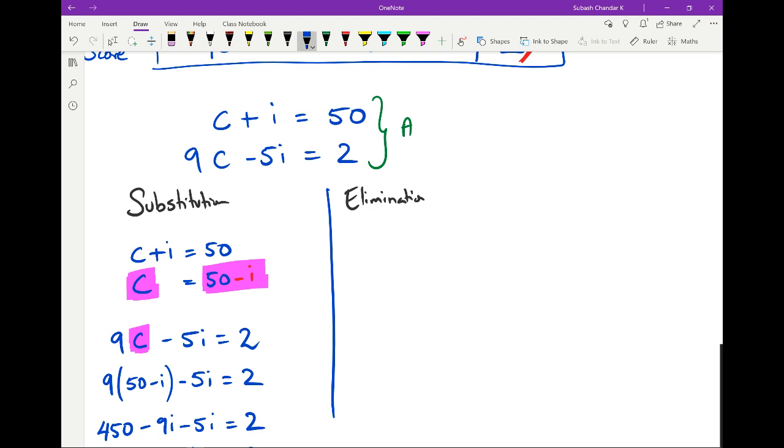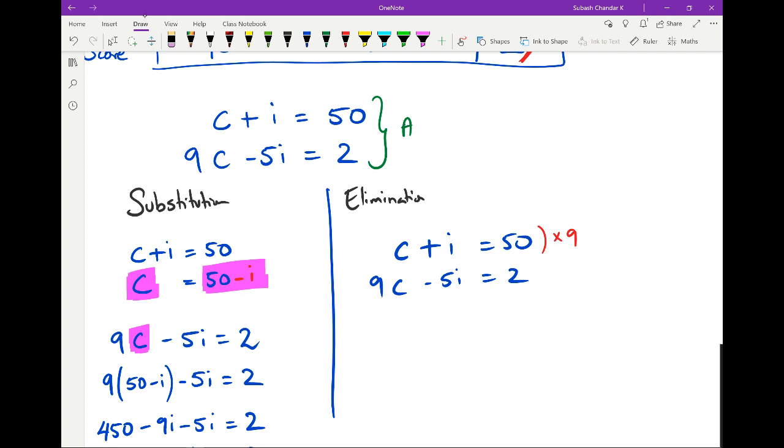But I think even in that one, you're still going to end up with the same problem of 14, because I'll show you what I mean. So see how you've got C plus I equals 50, and then you've got 9C minus 5I equals 2. Now, what you could do is take this top equation and multiply it by 9, and then you can eliminate C. But the problem is we're going to end up with that same big number.